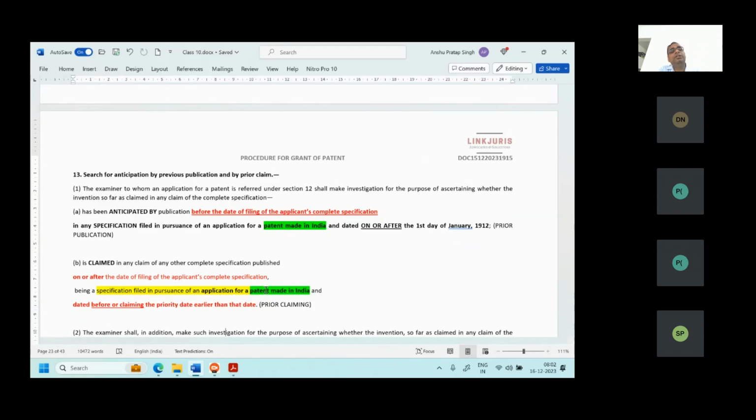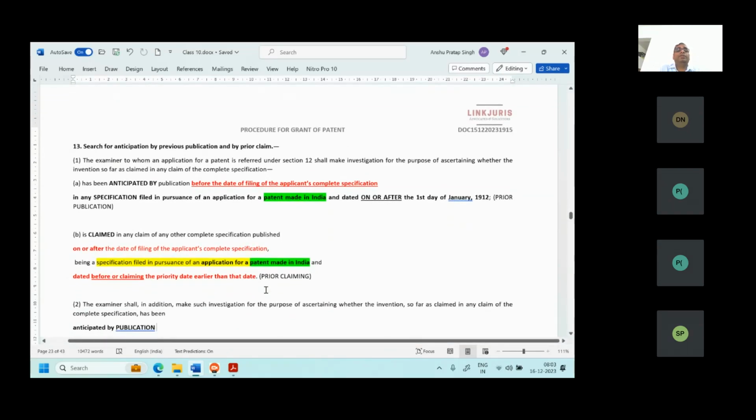Then Section 13 comes, which says what kind of search the examiner will be doing. The examiner is going to search for anticipation by previous publication and by prior claiming. So there is 13(1)(a), 13(1) and 13(2). 13(1)(a) talks about which publication is relevant.